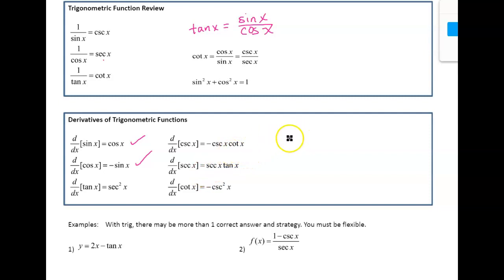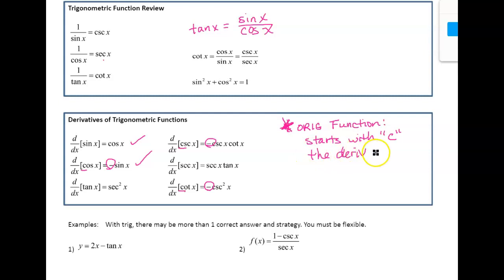So what you'll notice, I'm going to make this a little hint, is if the function starts with a c, its derivative is negative. Okay? So just keep that in mind. So original function, if it starts with a c, the derivative is negative.